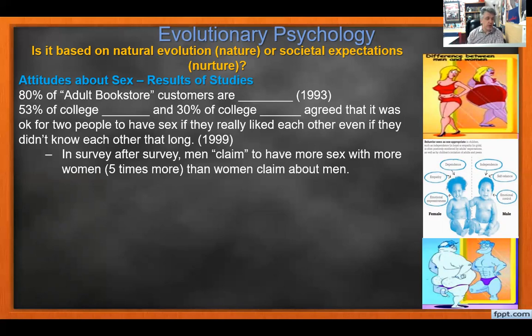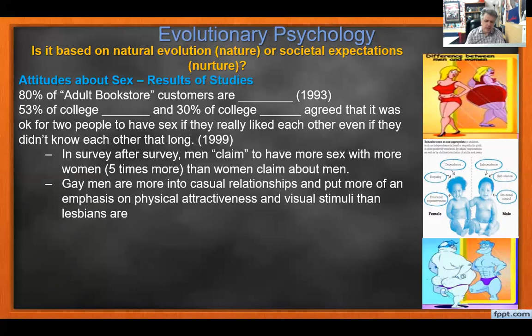And women are afraid that if they are sexually active or they talk about being sexually active, they're going to get labeled in a certain way. And here's what's really interesting about this, as I talked about earlier with homosexuality: gay men are more into casual relationships and they put more of an emphasis on looks than gay women do, which is very much like heterosexual men.